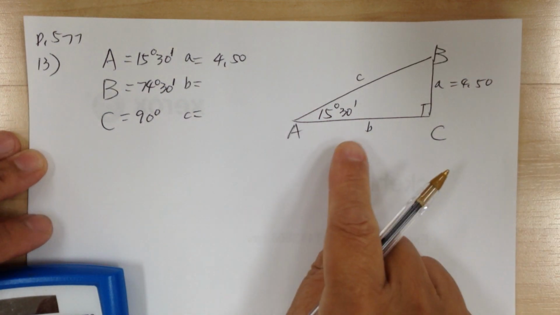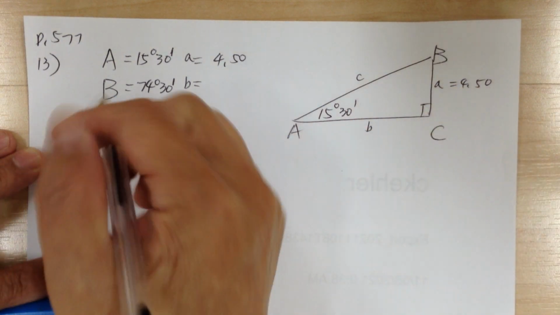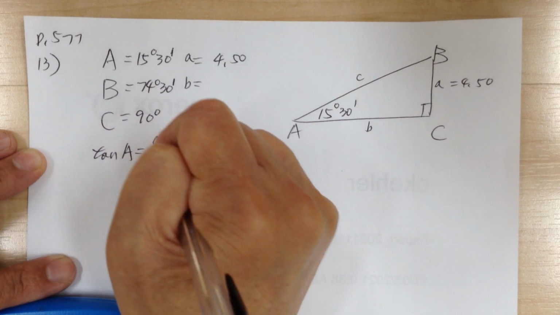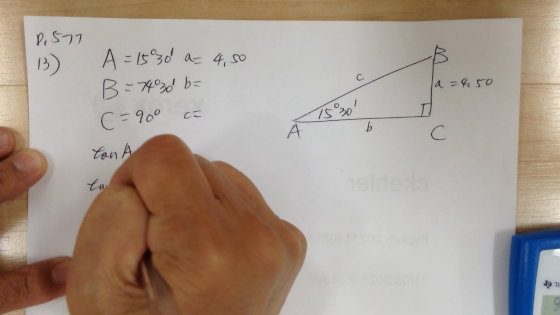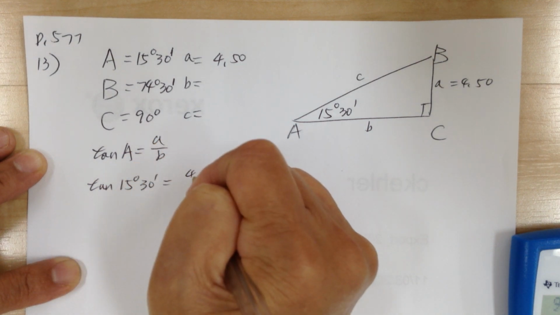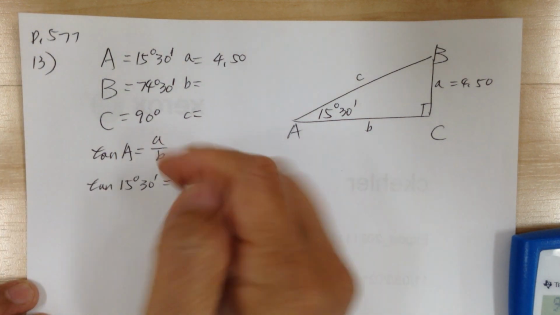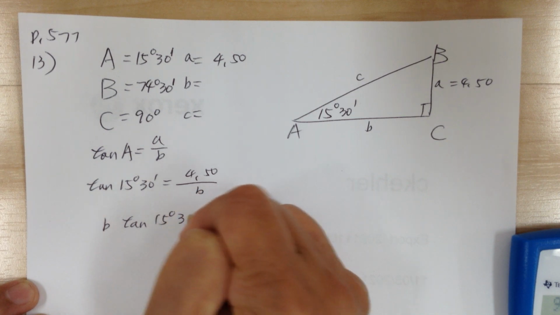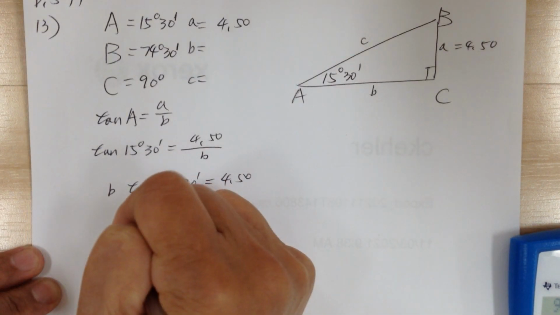So I'm looking for B first. The relationship between these is your tangent. So I'm going to get tangent of A equal to a over b. So substitute. Tangent of 15 degrees and 30 minutes equals 4.50 divided by B. So cross multiply. B tangent of 15 degrees 30 minutes equals 4.50. Then you divide.